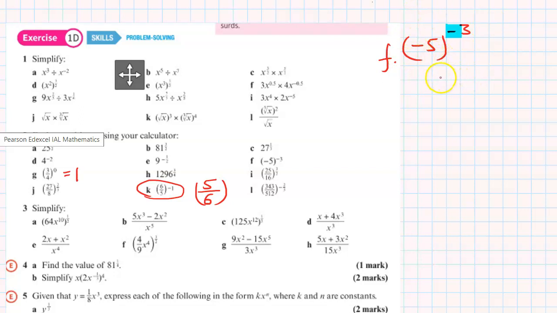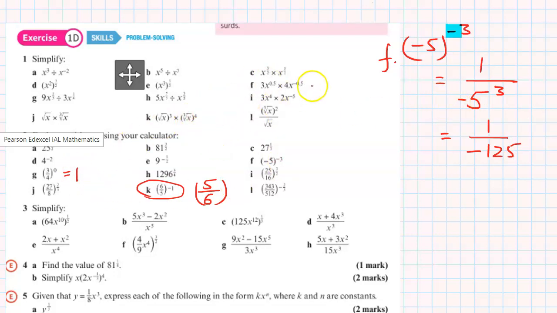It will remain the same, but it will be 1 over minus 5 to the power 3. Nothing is going to happen to this minus 5. Let it be like this. So this question will be 1 over negative 125. That is the answer of this question.